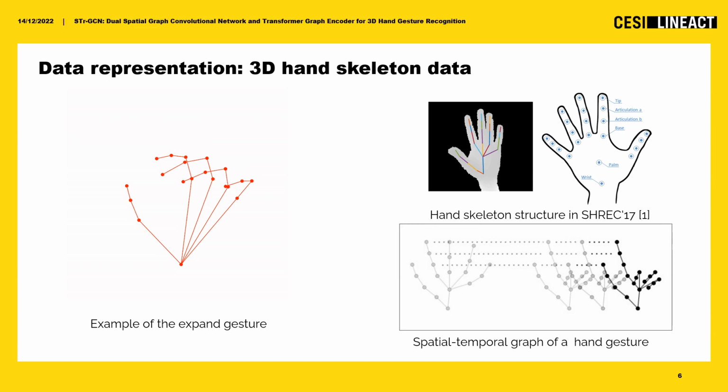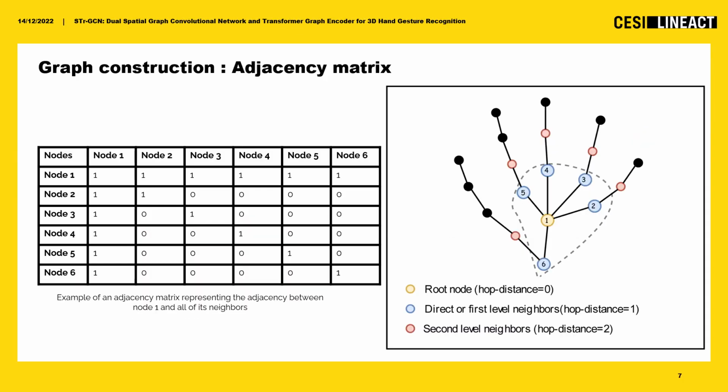These coordinates are the result of a hand pose estimation coming from depth images. And in order to consider the 3D skeleton as a graph, we encode skeleton joint neighborhood considering the joint adjacency, which leads us to construct an adjacency matrix as shown in this table.